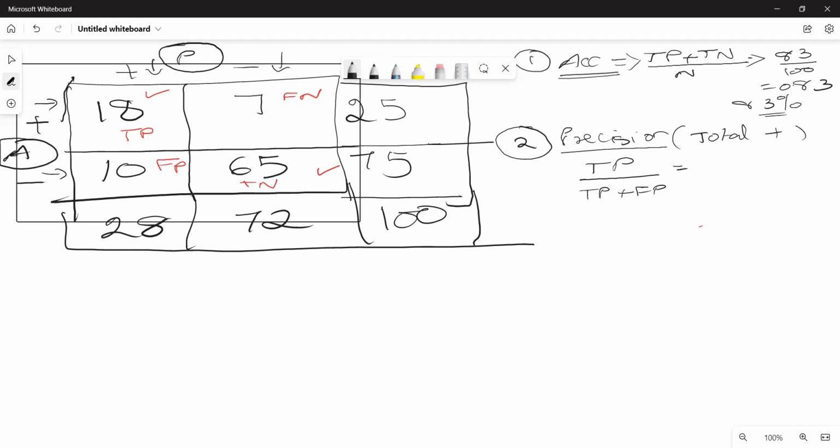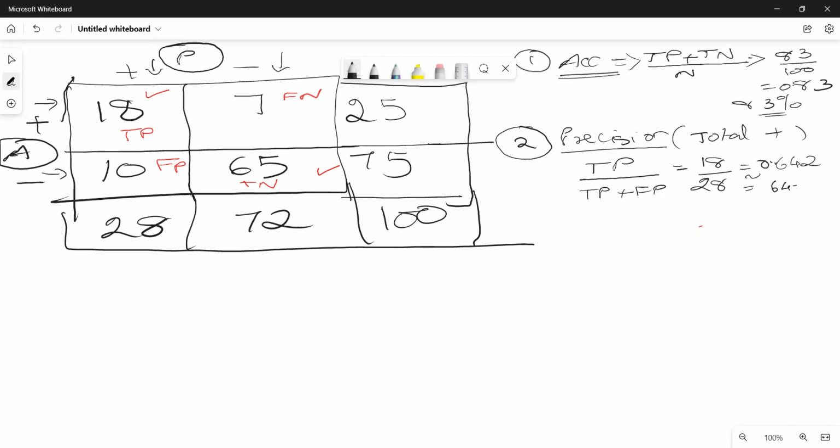So this is how much? 18 upon 28. So if I do this calculation, I'll get 18 divided by 28, which is 0.642, or it can be written as 64.2%.